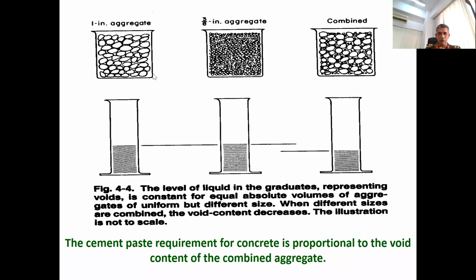If you combine these two, as you can see in this slide, there is no change of volume, but because the smaller particles are occupying the space between larger particles, the void will come down. The water is coming down, which means void content is coming down. As a result, the cement paste requirement for concrete is proportional to the void content of the combined aggregate. In case of combined aggregate, you'll require less amount of cement paste.